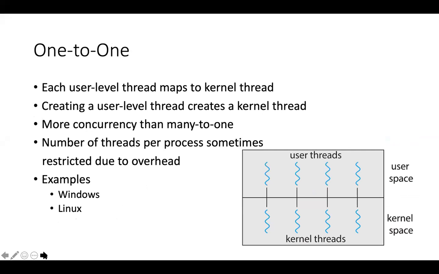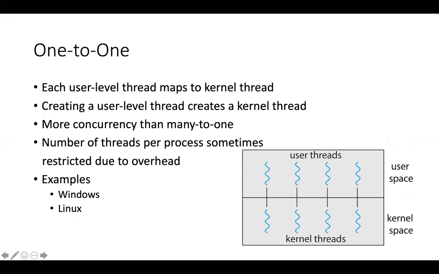In the one-to-one model, each user thread maps onto a single kernel thread, just like we see over here. You create a user thread which creates a kernel thread. Once a thread is generated by the user, a kernel thread that will deal with that user thread is also created in the kernel.